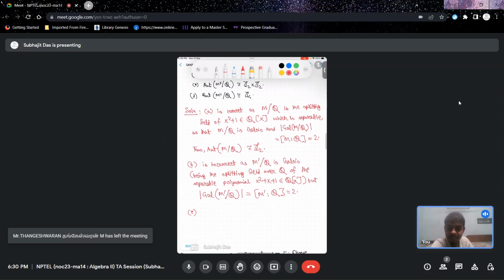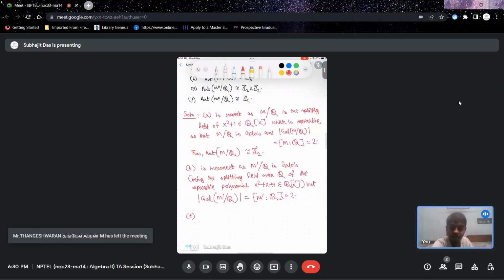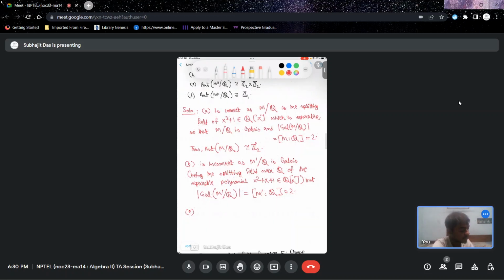So option C says that the automorphism group of M double prime over Q is isomorphic to Z2 cross Z2.